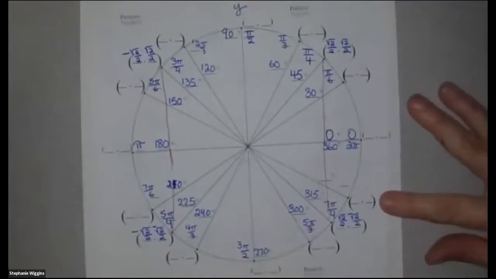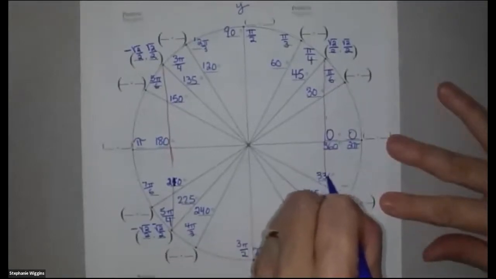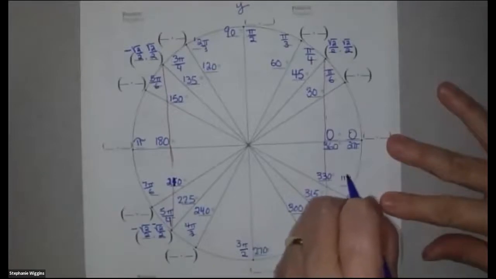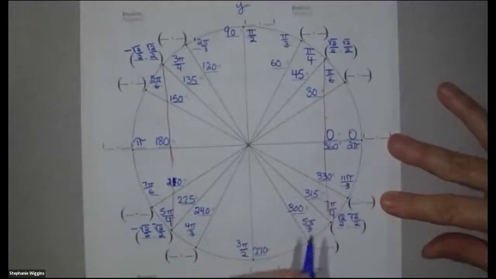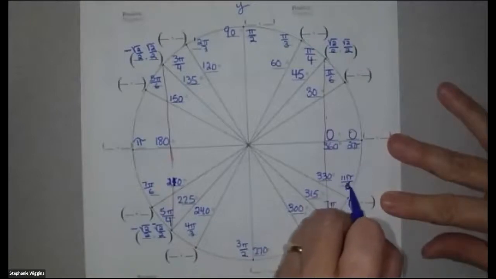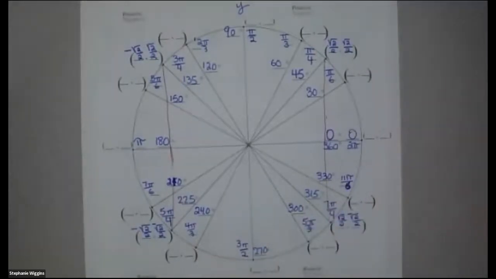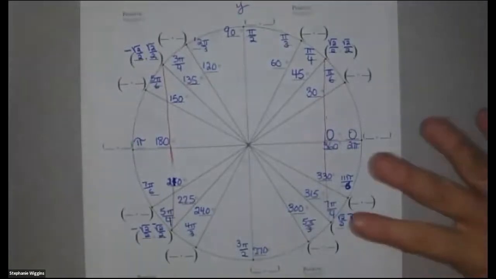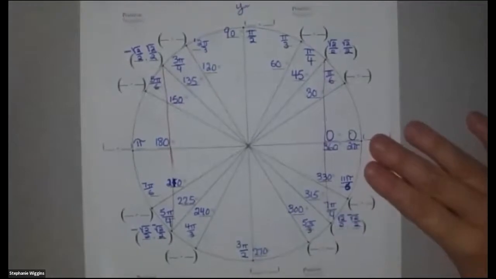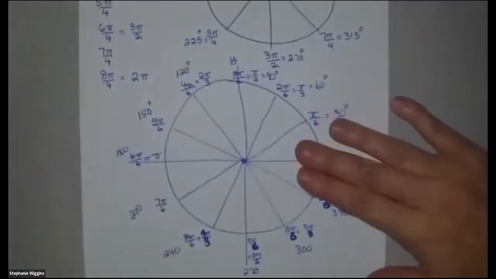And finally, the 330 degrees, which is 11 pi over 6. Sorry. Okay. So a lot of angles that we're filling in, but we're getting close to the end. Now we just have to draw our little triangles. And this is so cluttered, okay? I'm going to go back to this one.